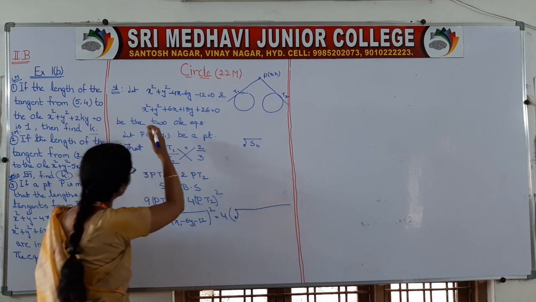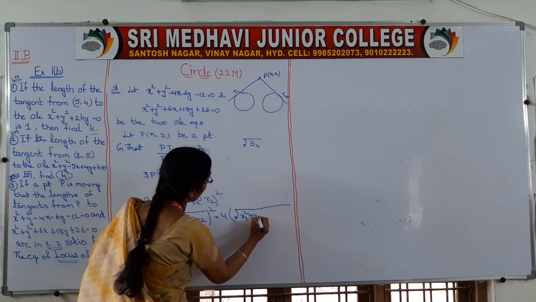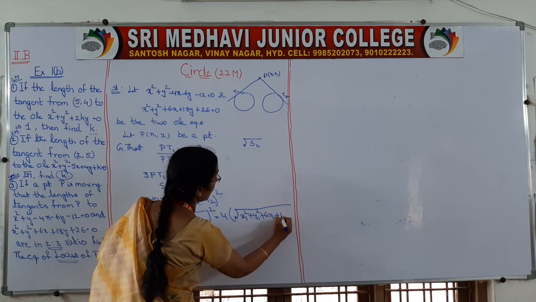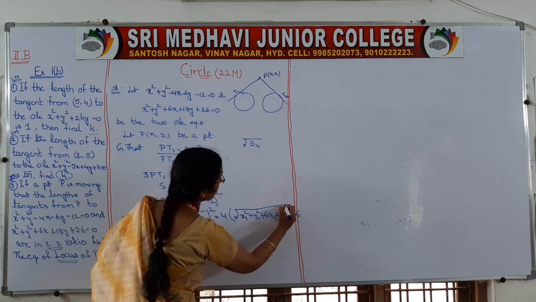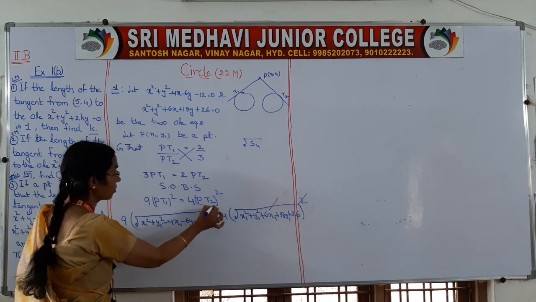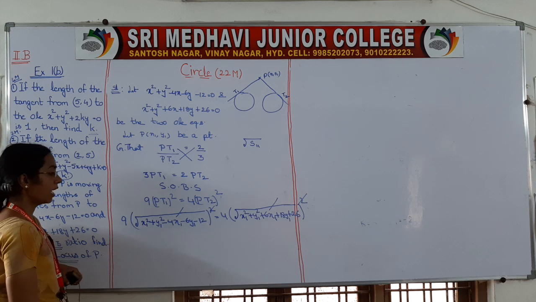So root of S11 is x1 square plus y1 square plus 6x1 plus 18y1 plus 26. For this whole square, the root cancels. Now open the brackets.